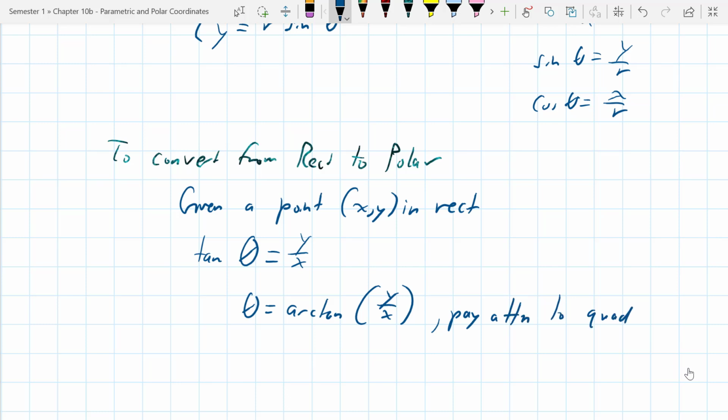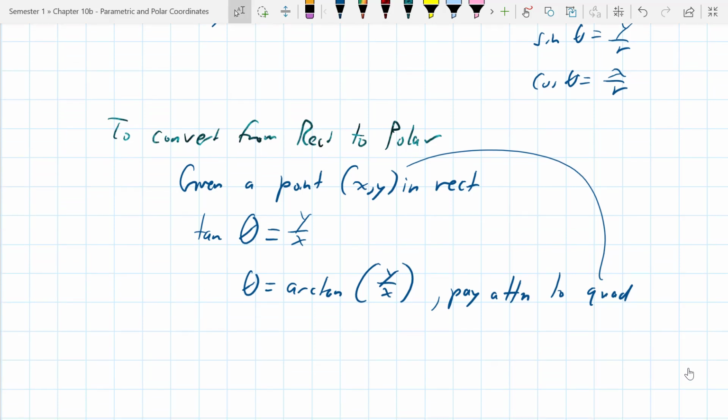The quadrant should be evident from which quadrant x and y are in. Then all you have to decide is the radius.